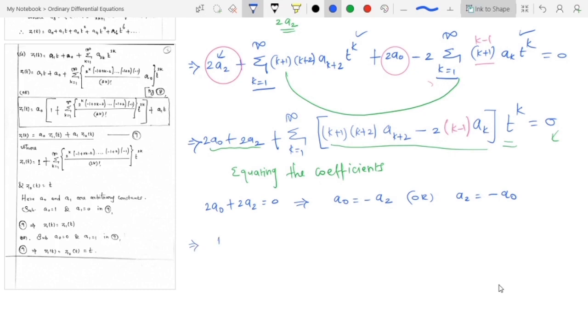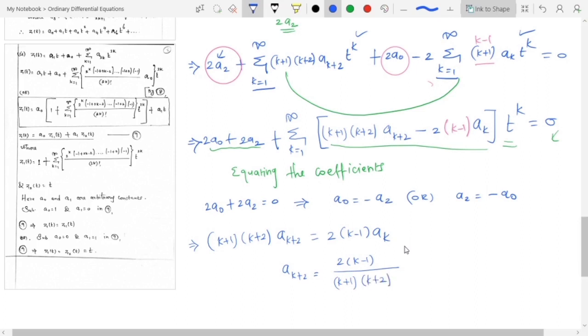That implies (k plus 1)(k plus 2) a_(k plus 2) minus 2 into (k minus 1) a_k equal to 0. That means the first term is equal to the second term. From this we can write a_(k plus 2) is equal to 2 into (k minus 1) whole divided by (k plus 1)(k plus 2) of a_k.